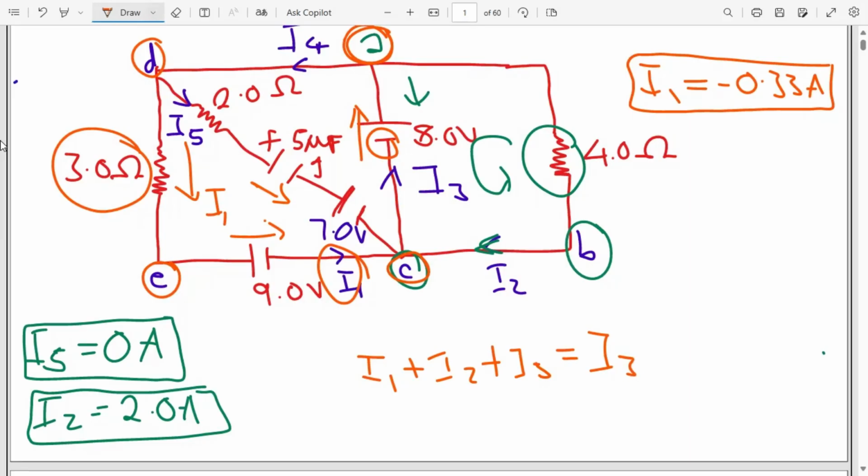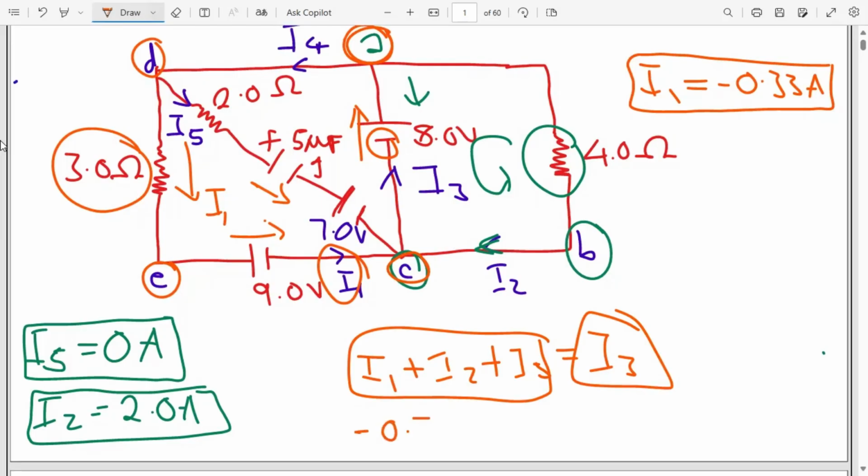That means we have justified Kirchhoff's current law: the sum of the currents entering junction C should be equal to the sum of the currents leaving junction C. So what is current 1? Current 1 is negative 0.33 amps, plus what is current 2? Current 2 is 2.0 amps. And what is current 5? Current 5 is 0 amps. And this should be equal to current 3.